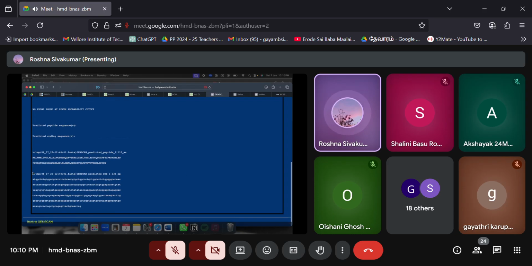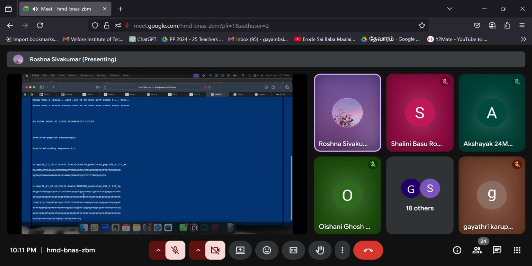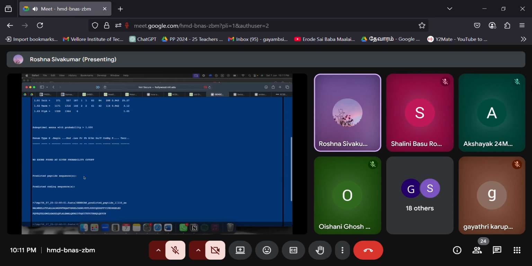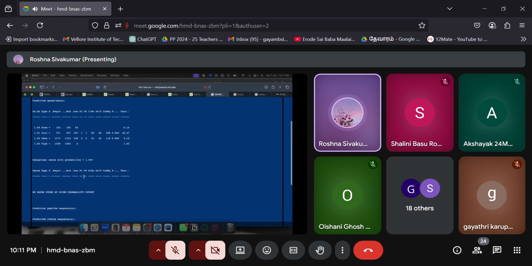Here you have it in your FASTA format. I think yesterday it was mentioned, you all should know by now, that the FASTA format starts with an angle bracket, and this is the amino acid sequence, this is the nucleotide sequence of this gene. Okay, no exons were found. Damn.